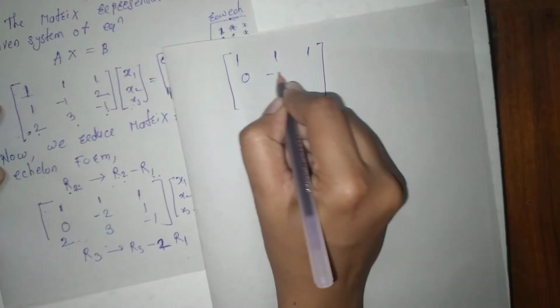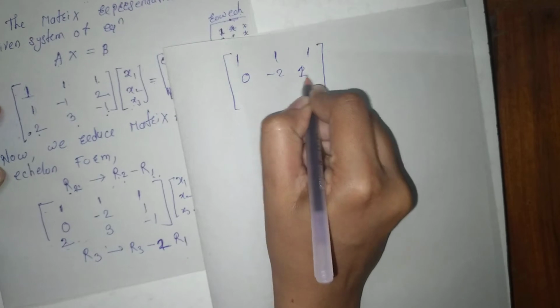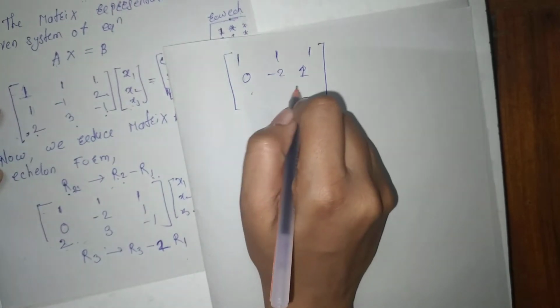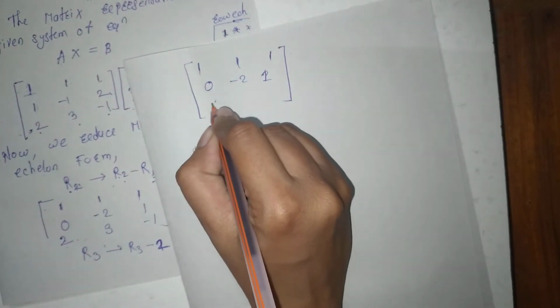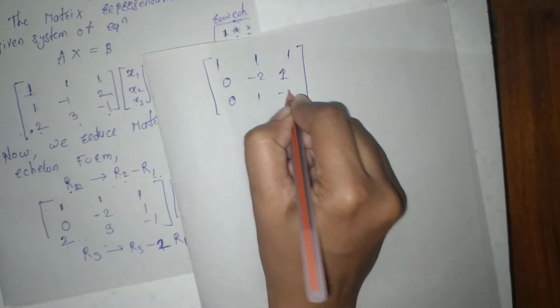The second row stays 0, minus 2, 1. In the third row, we get 0, 1, minus 3.